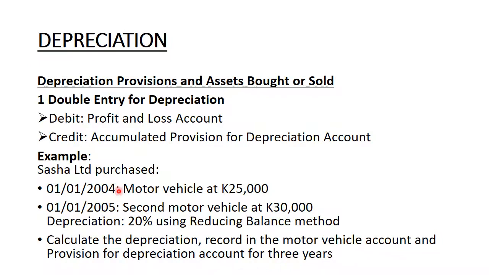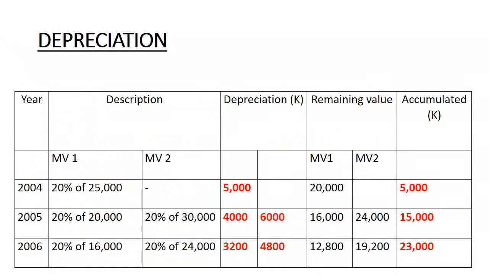So 2004 something happened, 2005 something happened, so we have to include 2006, where there's no information, but we can assume that no vehicles were bought and that the assets kept on depreciating at 20%. Here is the calculation for depreciation.